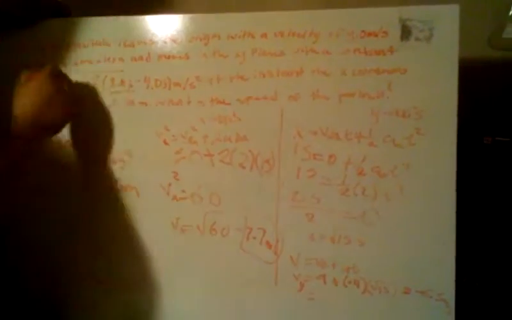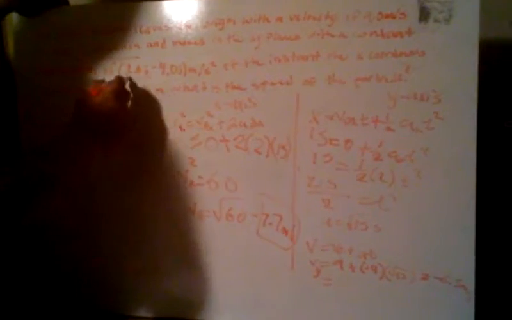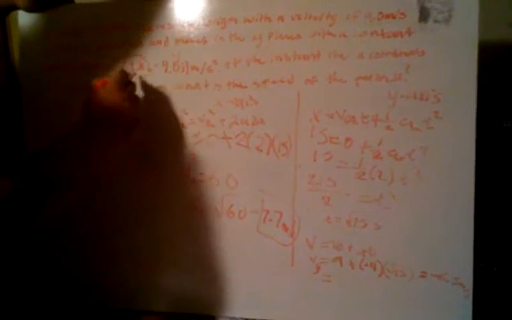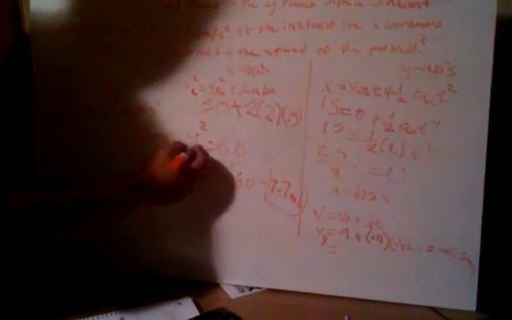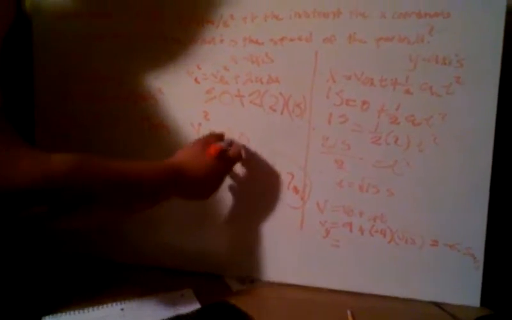In v naught x there is no velocity because it only started in the y direction, so it's 0, plus the 2 in our acceleration, which is our constant acceleration, we only got the x-axis, which is x, and this is y. We only got the x-axis and multiplied it by 15. So we got vx squared is equal to 60. And then since we want v by itself, we just square root it, and we got 7.7 meters per second. So that's for vx.